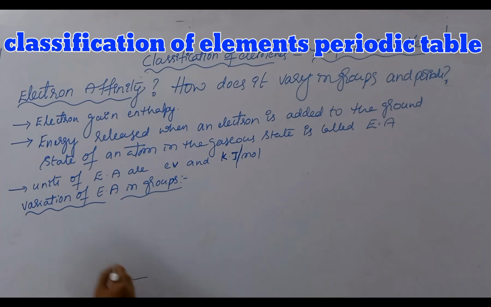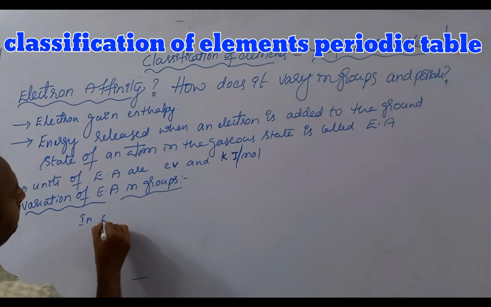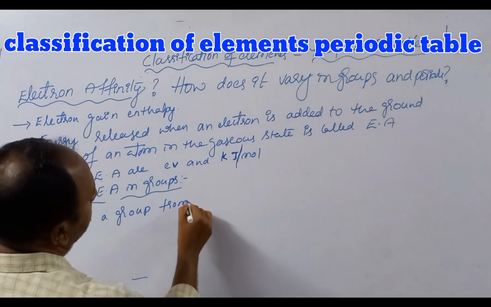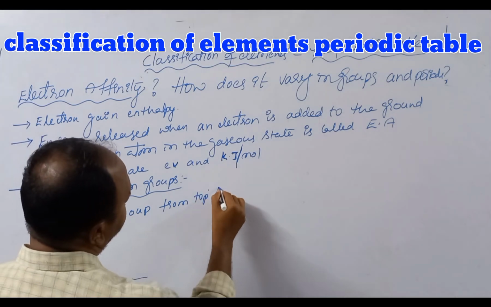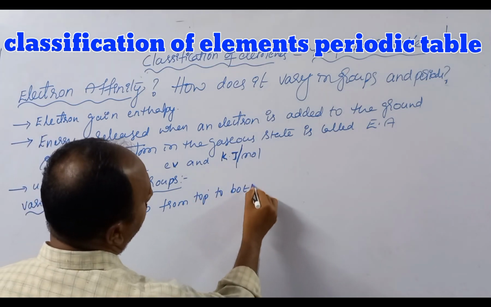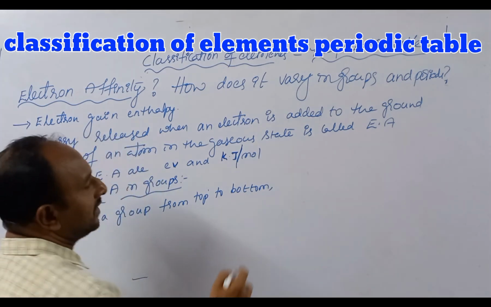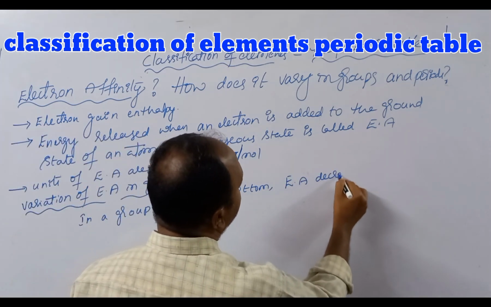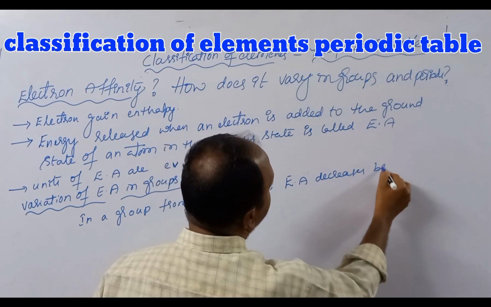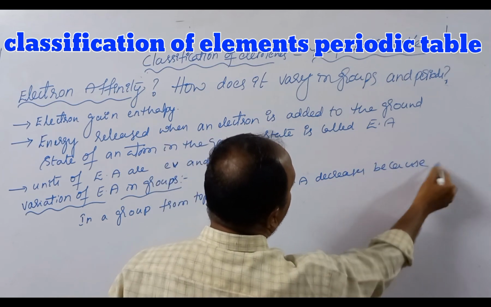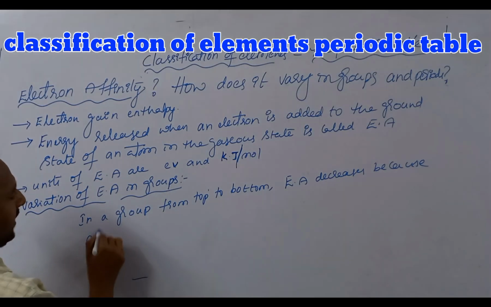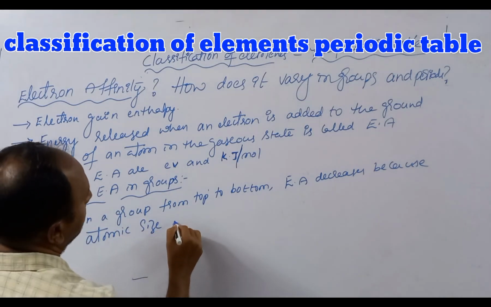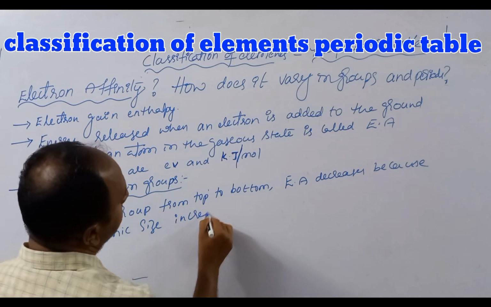Here also, in a group from top to bottom, electron affinity decreases because atomic size or atomic radius increases.